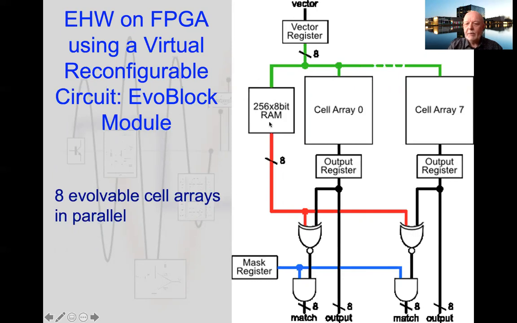We've got some extra RAM here, which allows us to say, okay, this is what we want to compare the outputs from these arrays to, to try and get a match of whether the output's working or not. And we can mask which bits we want to do with that. So these are a few details which I guess aren't too worrying for us for this. But what this does do is it allows us to have a fully reconfigurable, evolvable array on an FPGA.